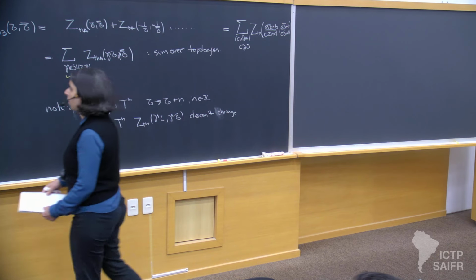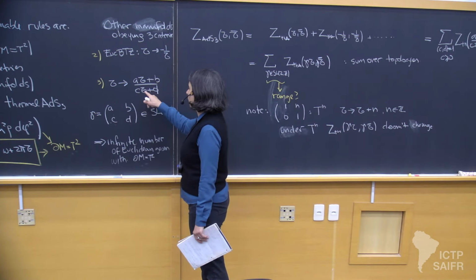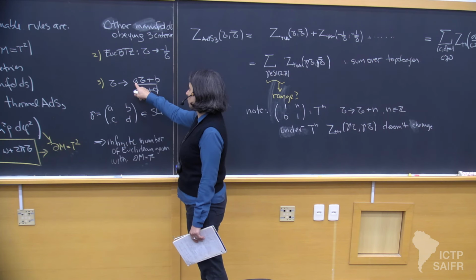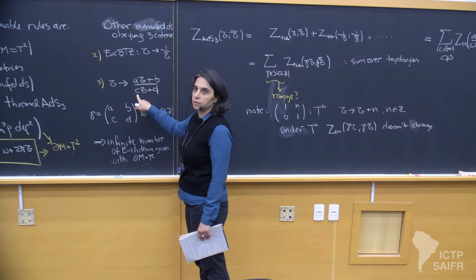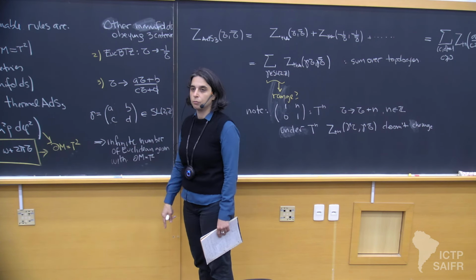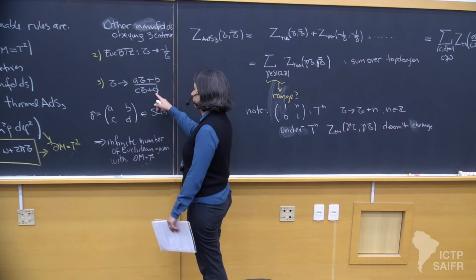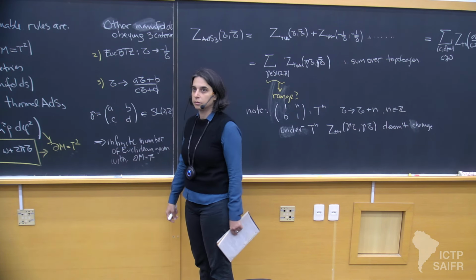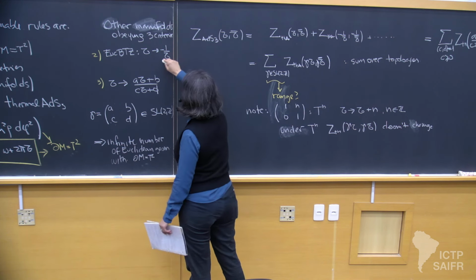It's the one that has A equal to 0, and then B and C are 1 and minus 1, and D equal to 0. So S, this one.